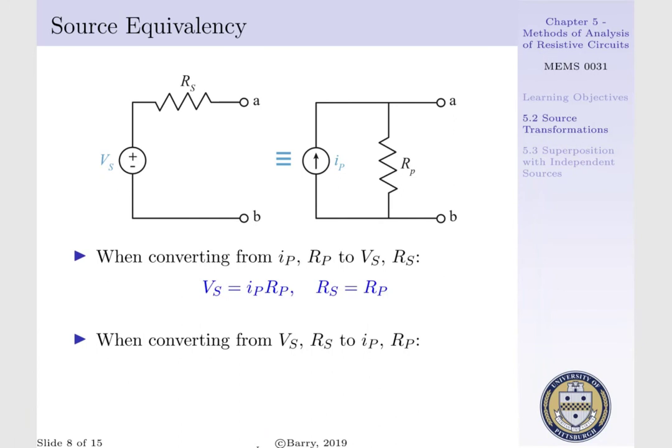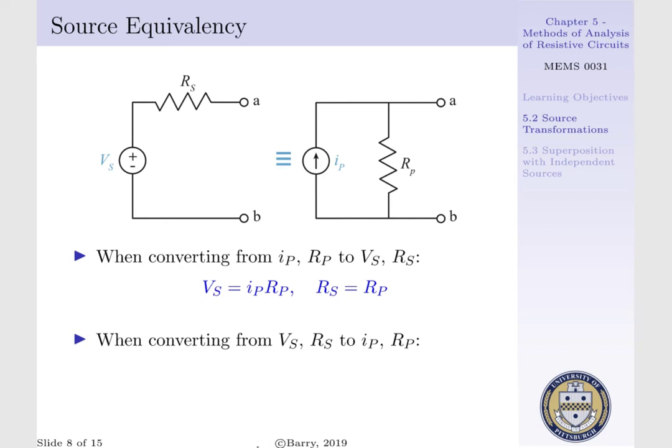We apply Ohm's law, such that our source voltage would be equal to our current source I sub P times our resistor R sub P, where our resistor R sub S has to take the same value of R sub P. That is, when we go from a Norton equivalent to a Thevenin equivalent, we determine our source voltage, i.e. our open circuit voltage source, by multiplying our short circuit current times our Thevenin resistance.